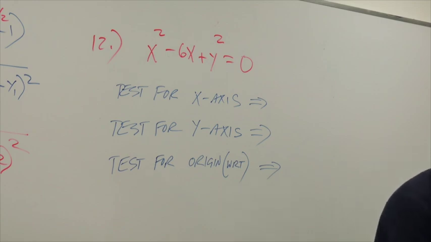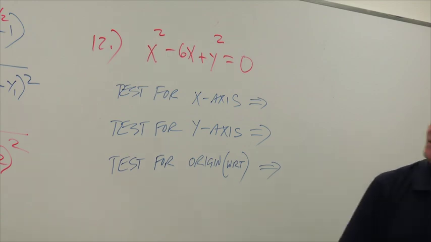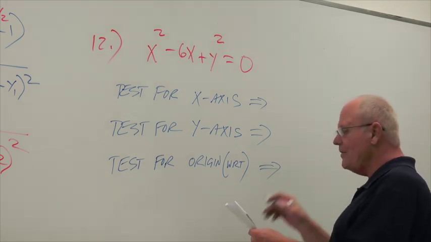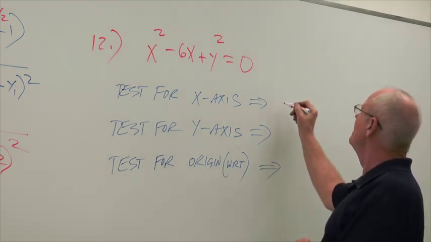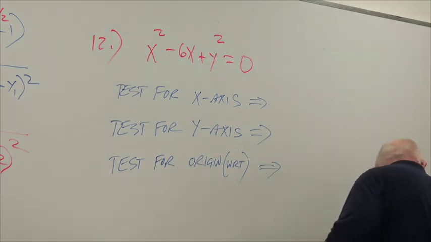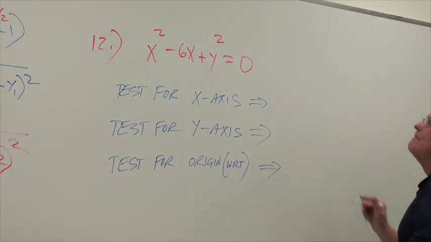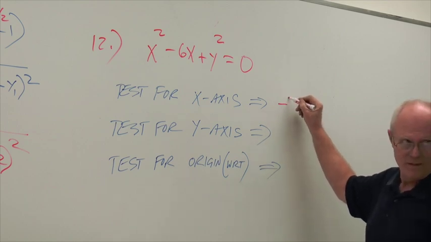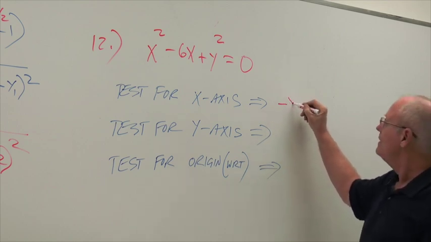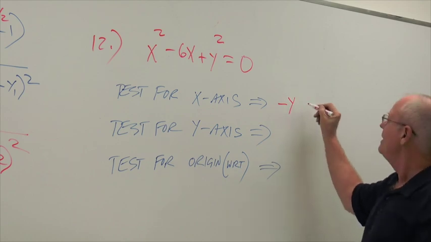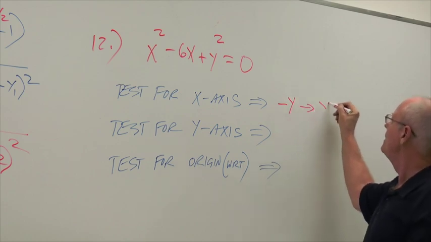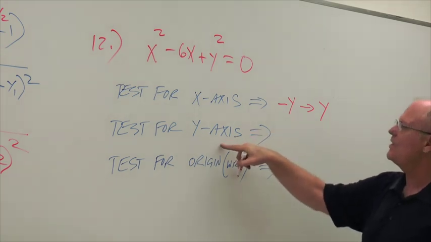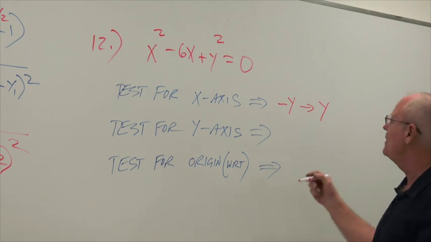So let's start up here. What's the process of testing for x-axis symmetry? What do you do? What's the actual process, though? You put a negative y in for what? y. Yes? And to test for y-axis symmetry, you put a what, do you think?